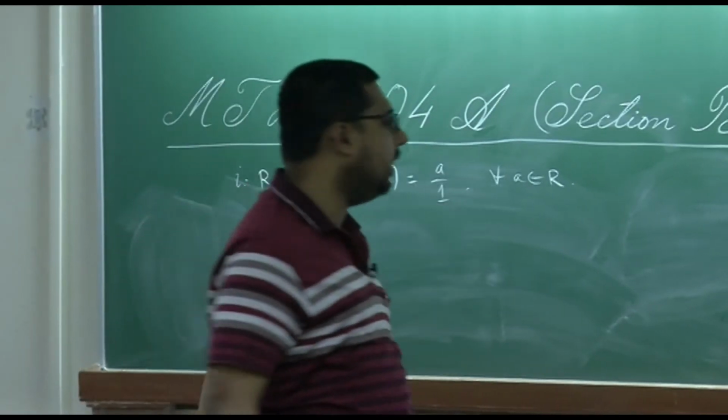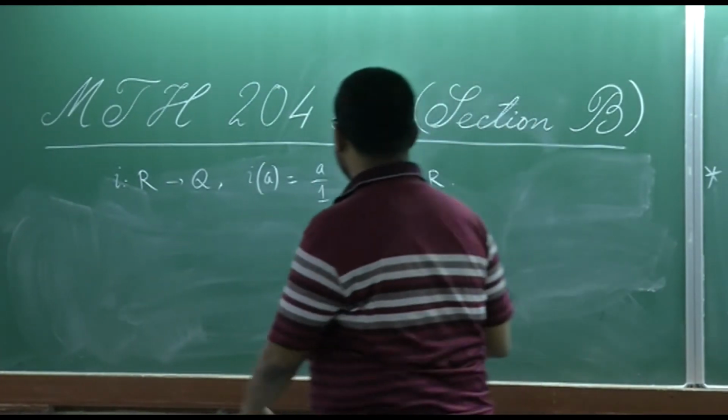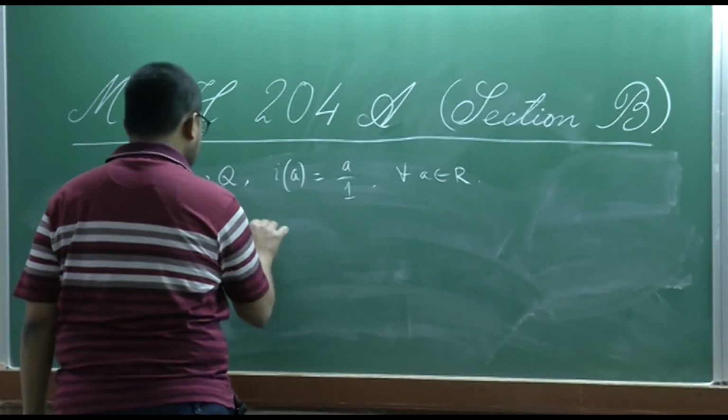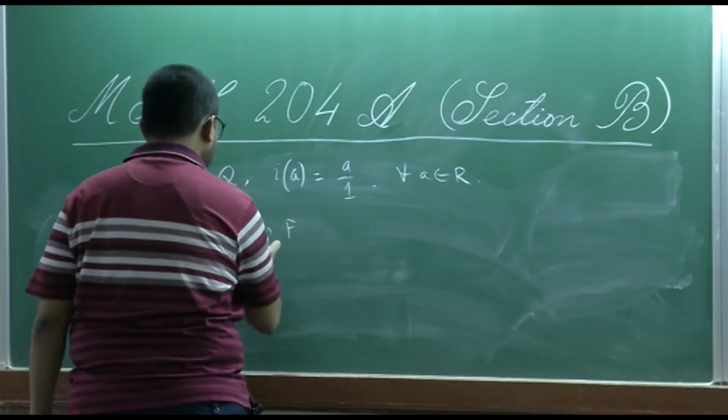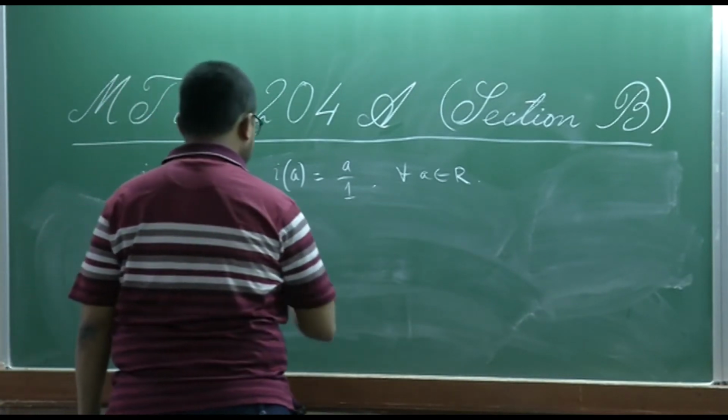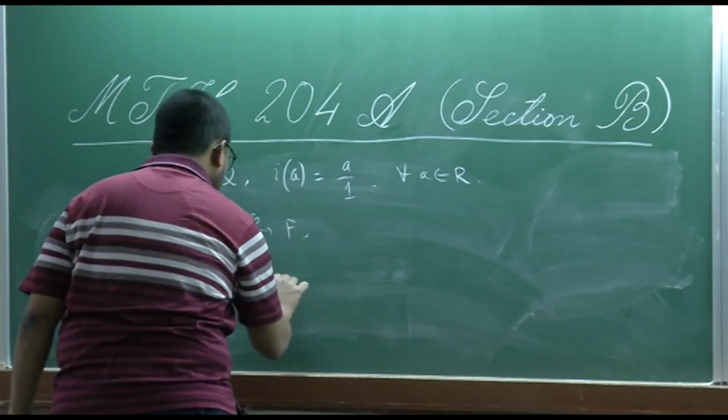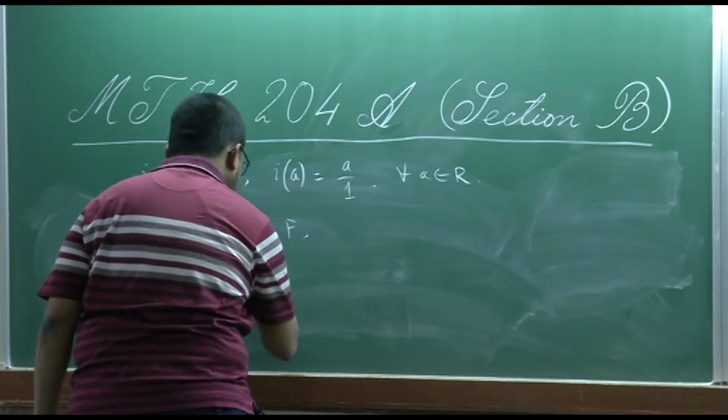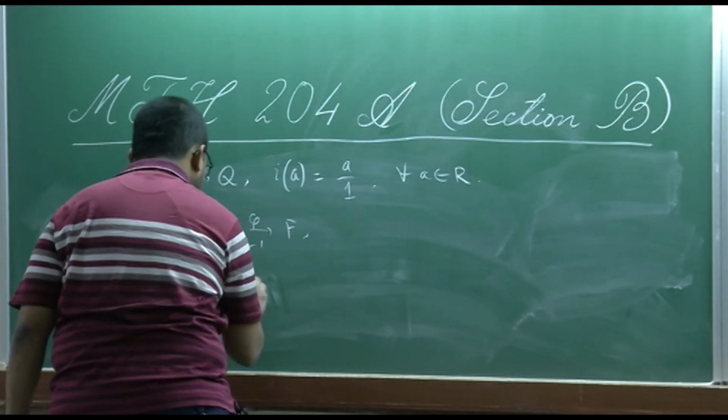In order to show it satisfies the property star, I have to start with a field F and a homomorphism. Suppose I am given a 1-1 homomorphism phi. From Q I define the following map, phi bar.